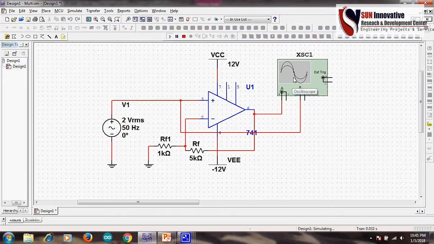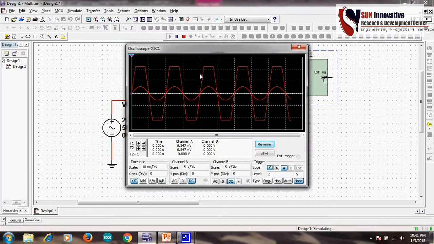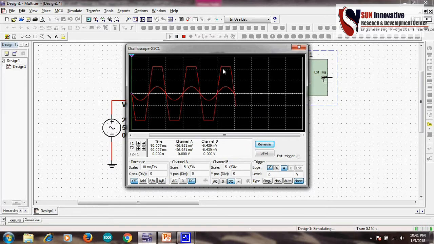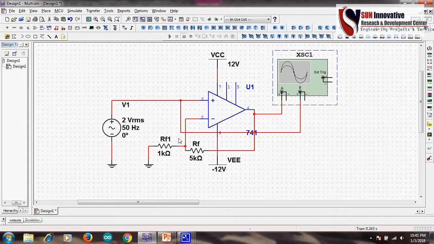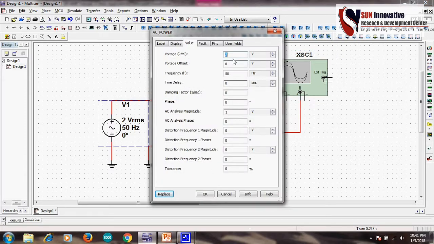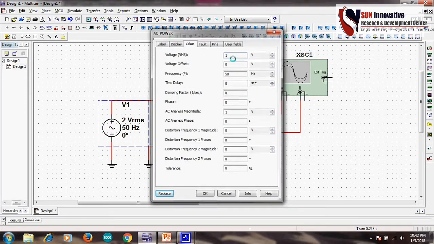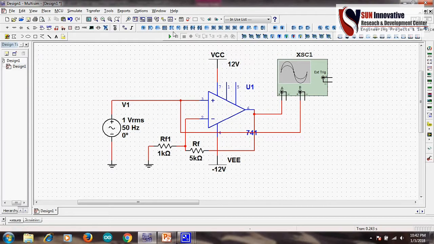Now running the simulation, you see your voltage is saturated because the amplifier equation is not satisfied. Before, we had connected the series resistance, so some voltage was dropped across it. Here there is no resistance, so the total voltage is going to the non-inverting amplifier. So for protection purposes or simplicity, we will reduce the input voltage, let's say to 1 volt.